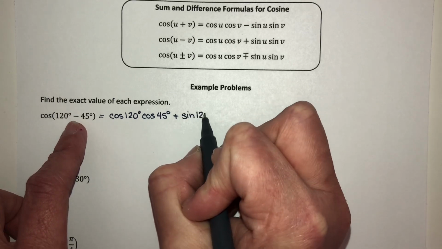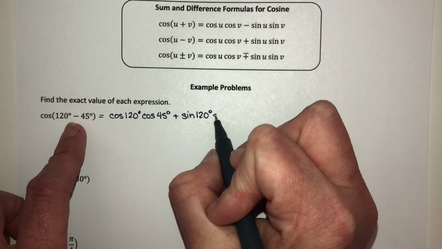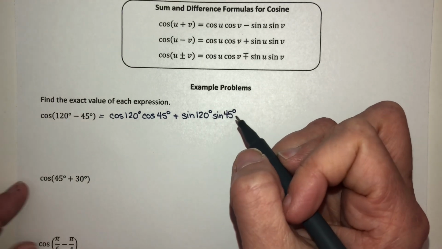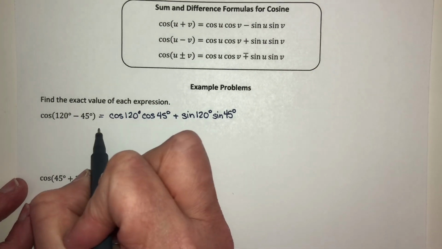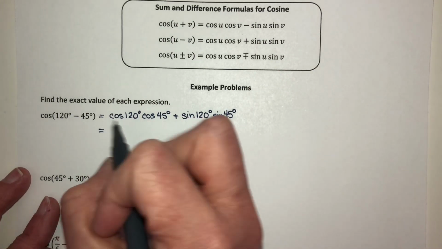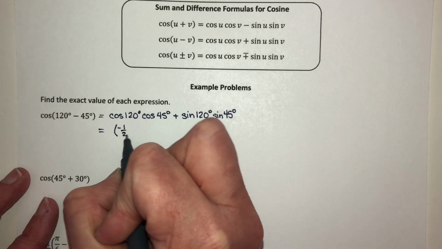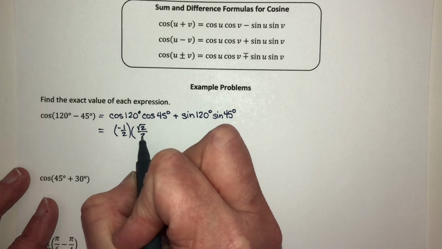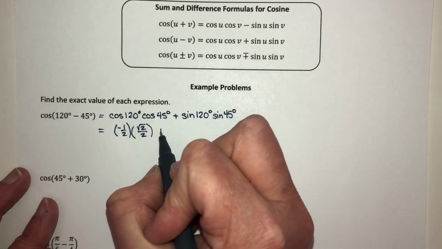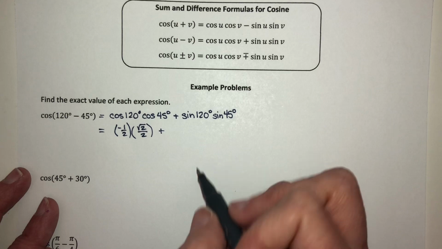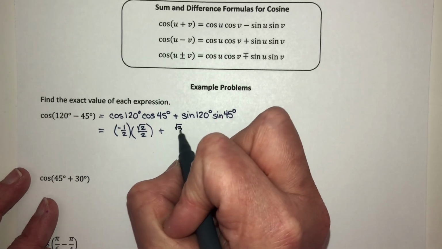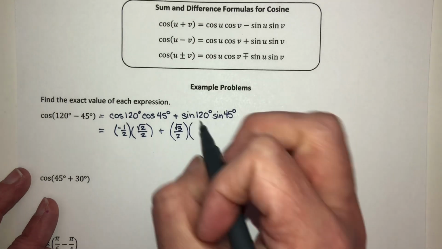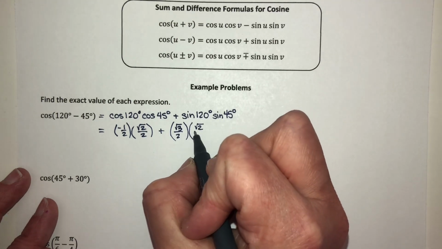Sine of 120 degrees times sine of 45 degrees. Okay, cosine of 120 degrees is negative 1/2. Cosine of 45 degrees is the square root of 2 over 2, plus sine of 120 degrees is the square root of 3 over 2, times sine of 45 degrees is the square root of 2 over 2.